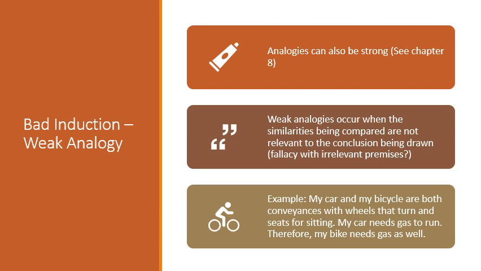But again, analogies can be strong, and we'll talk more about that when we get to chapter 8. For now, given that we've only talked about the bad versions, just bear in mind that if you see somebody arguing in an exam or a quiz, if you see an argument by analogy or a generalization, it's going to be an example of the bad kind. We'll get to the good kind later.